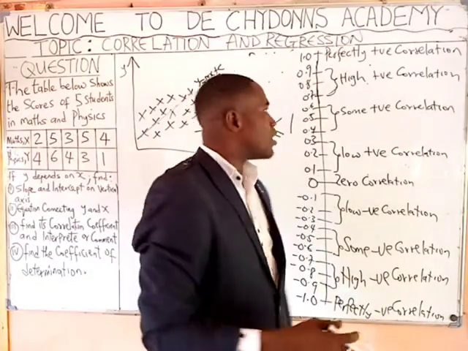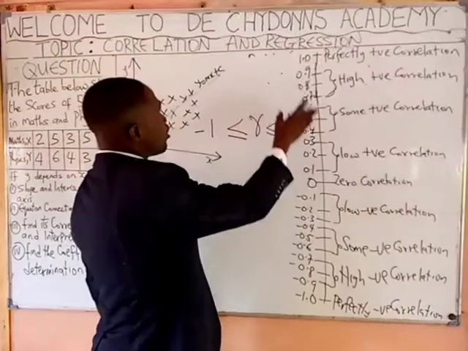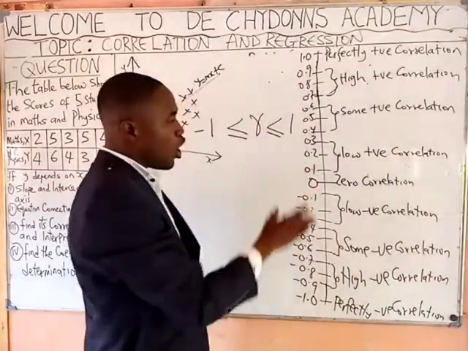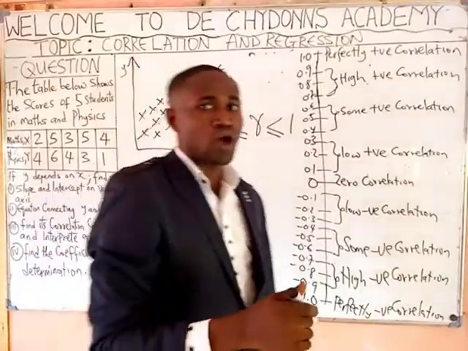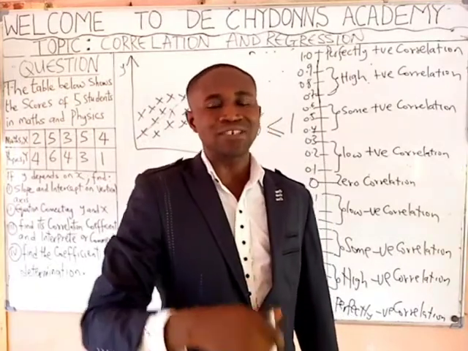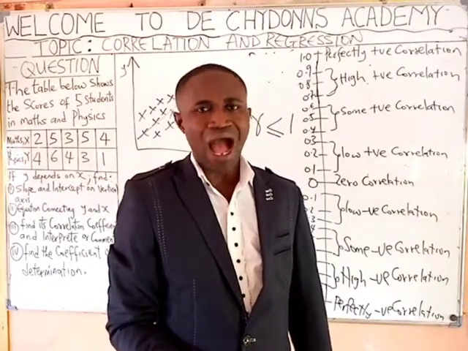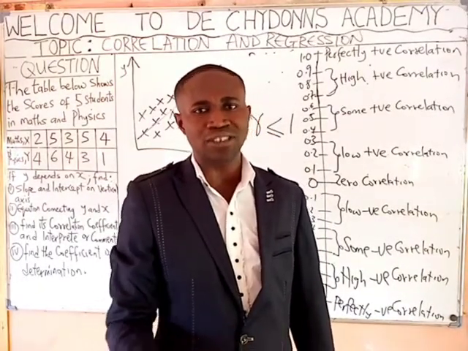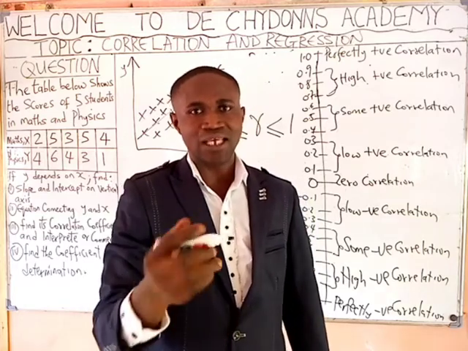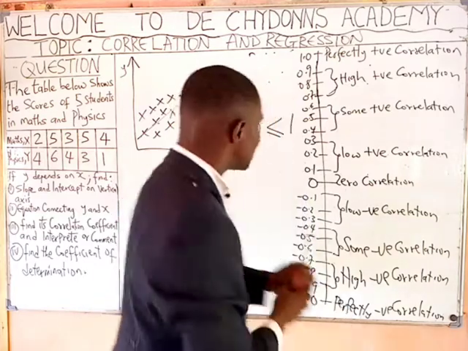Okay? Now, this is for the correlation coefficient. We want to see the coefficient of determination. How do we calculate it? Let's see how to do it. It has formulas.